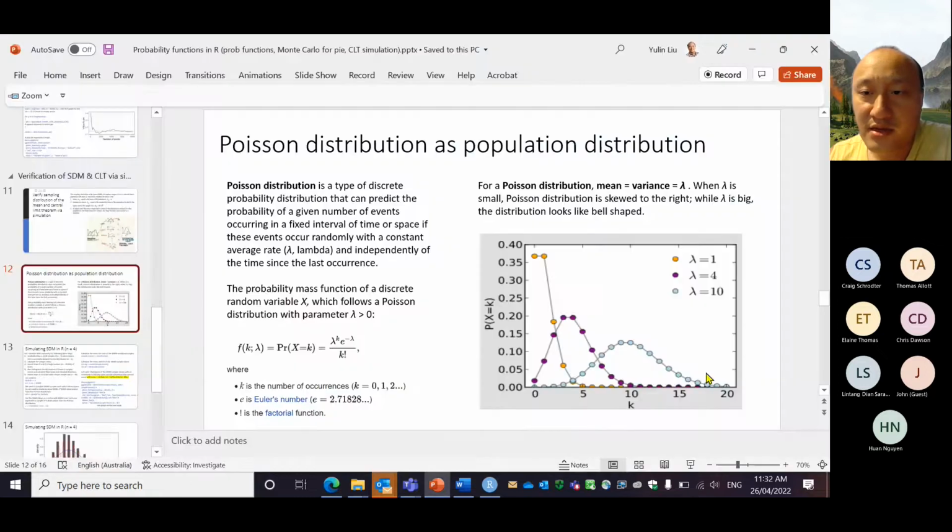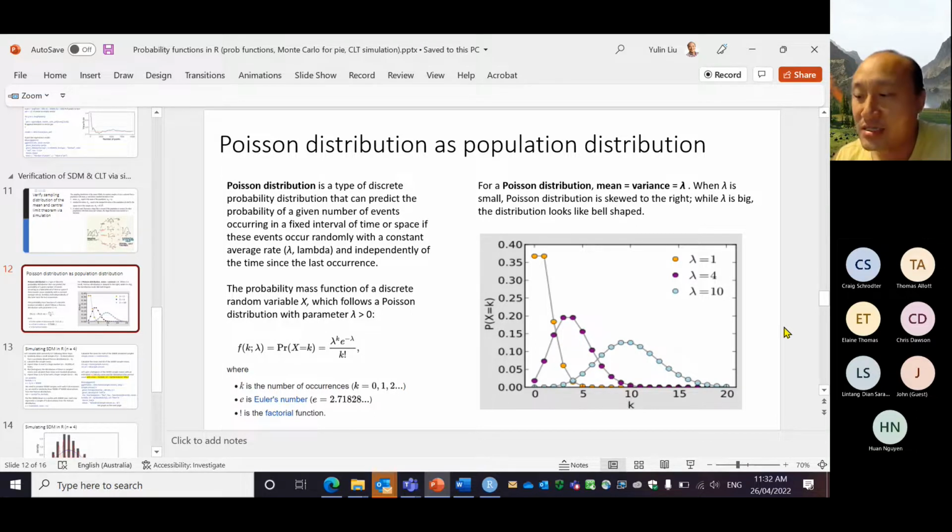Let's define a non-normally distributed distribution. Say a Poisson distribution, which is not normal. Then let's draw multiple samples that simulate the sampling distribution of the mean.